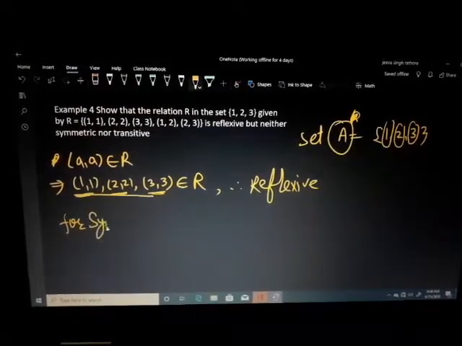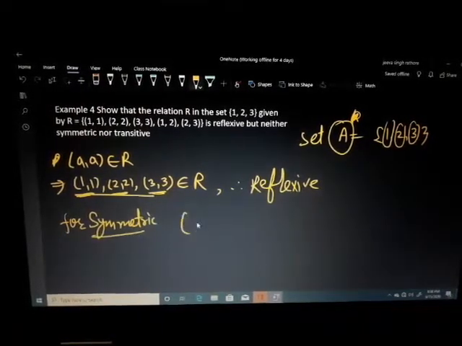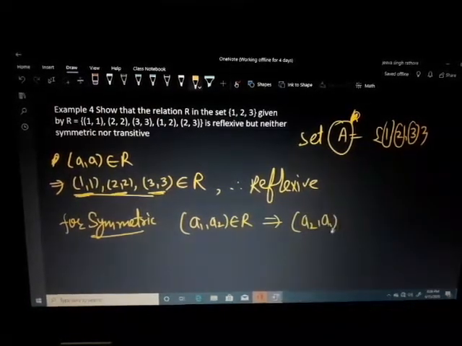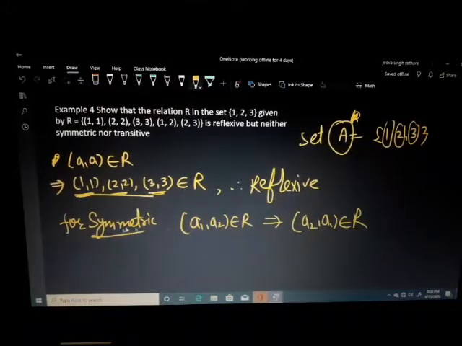Let's see symmetric first. For symmetric, suppose A1 A2 belongs to R. It means flipping, A2 A1 must belong to R. This is the condition for symmetry.